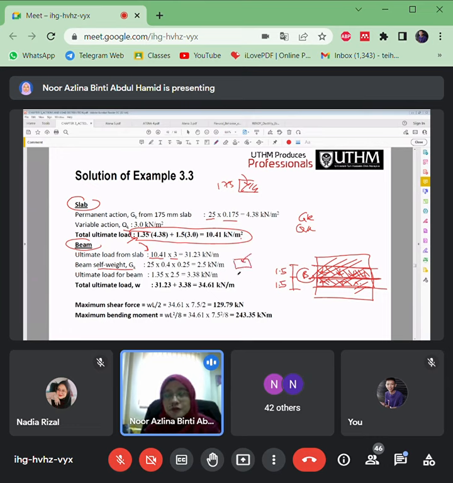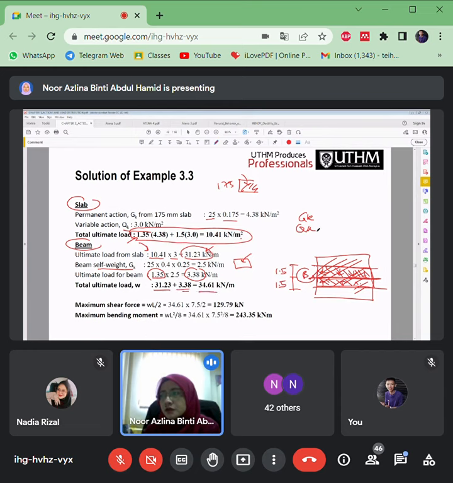The others are the same. The beam self weight depends on its cross section and what the material is for that beam. Then multiply with the safety factor here. Beams have no QK, right? So that's why the total load for the beam here is the ultimate load from the slab, which is already calculated with the safety factor, 31.23, then added up with the ultimate load for the slabs, which is 2.5 multiplied with 1.35.